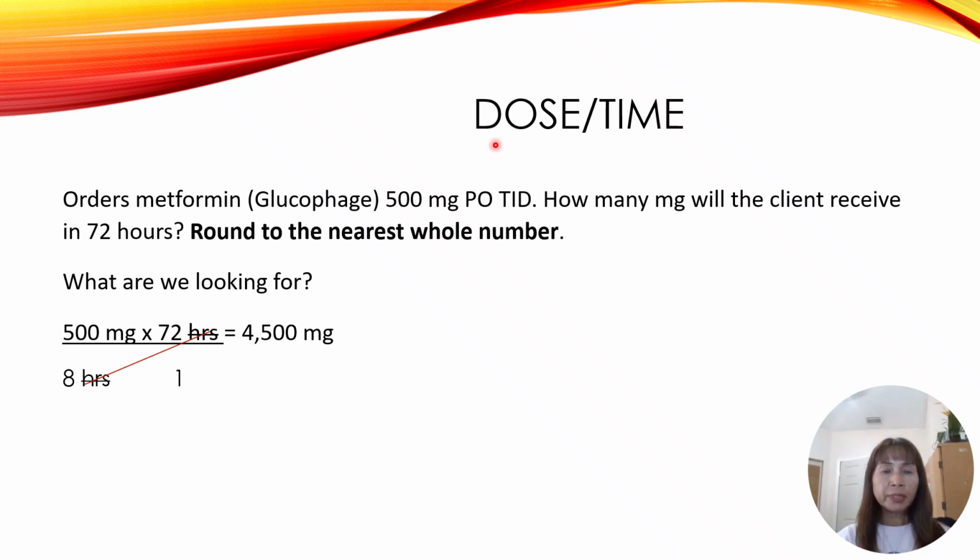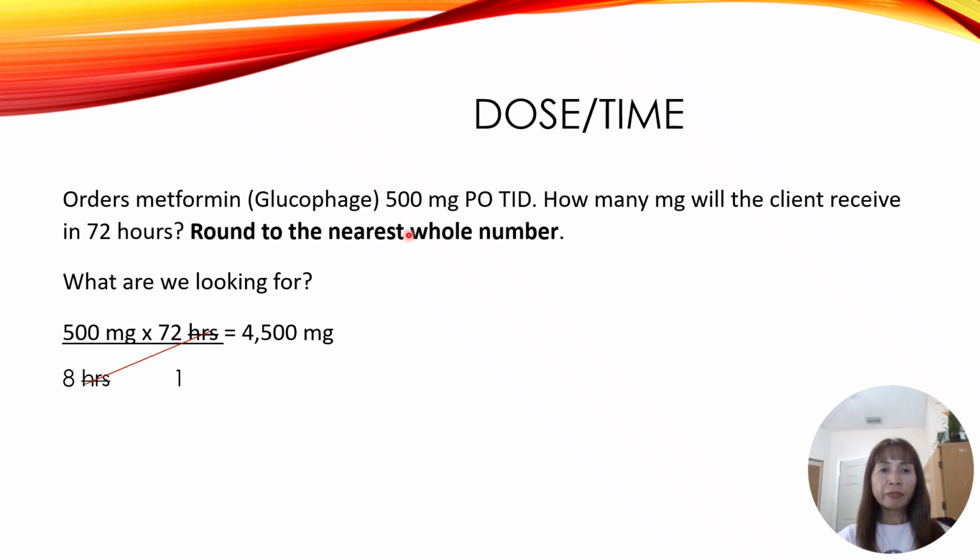Okay, so the next one is dose over time. What that means is that the patient is getting 500 milligrams of this medication 3 times a day, because TID is 3 times a day. So how many milligrams will the client receive in 72 hours? Now we are going to set it up. We're going to determine how many milligrams the patient will take in 72 hours.